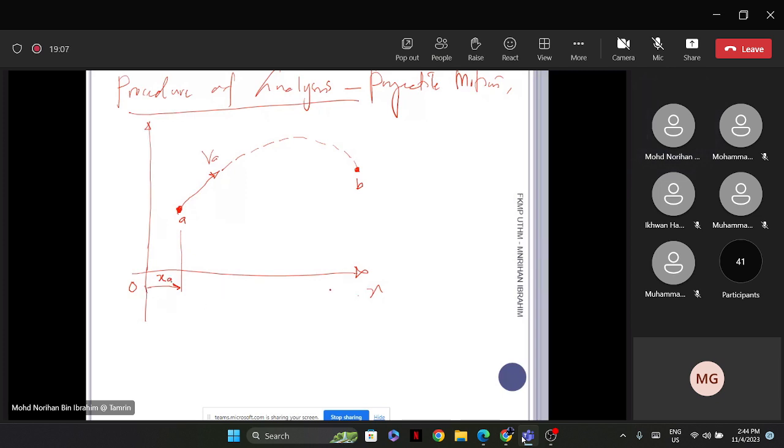And from O to B, it has a horizontal distance of XB.